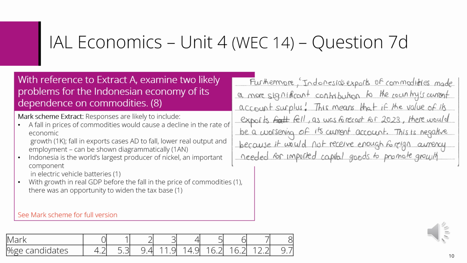In order to improve responses, candidates need to include 2 pieces of relevant data and use this in their developed analysis and evaluation. This data needs to be taken from the context. It might be a good idea, if students are struggling with this, to use a writing frame to help embed this technique.